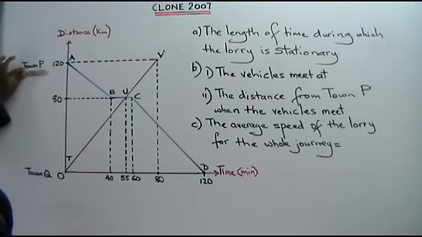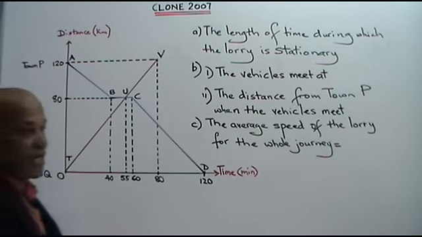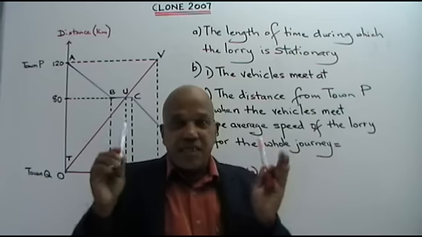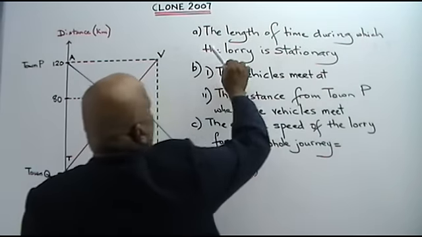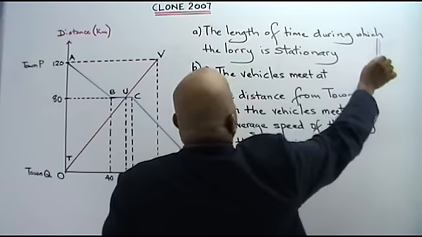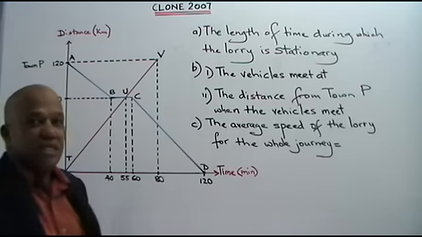The distance between town P and town Q is 120 kilometers.